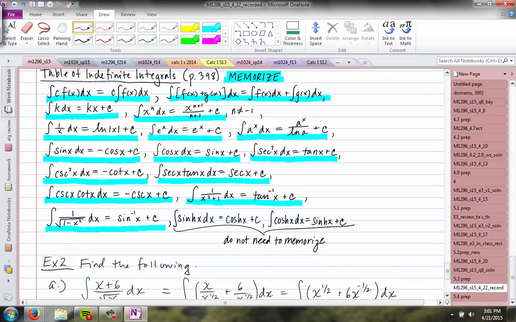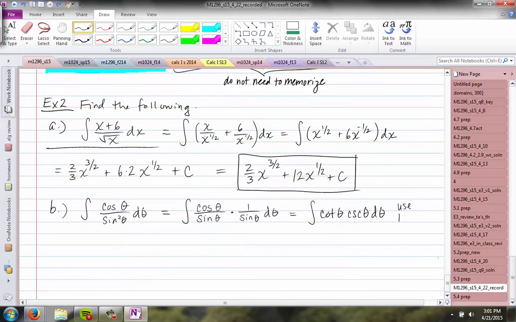But notice cotangent times cosecant, I could rearrange that, that it's negative cosecant x plus c. So I'm going to go ahead and use that rule and get negative cosecant of theta plus c. And I'm done.